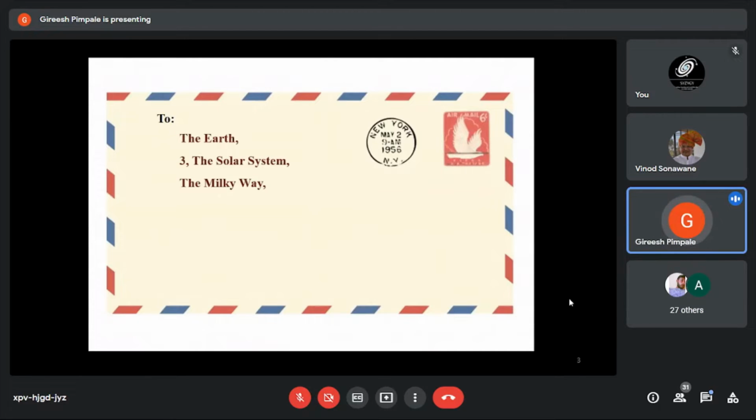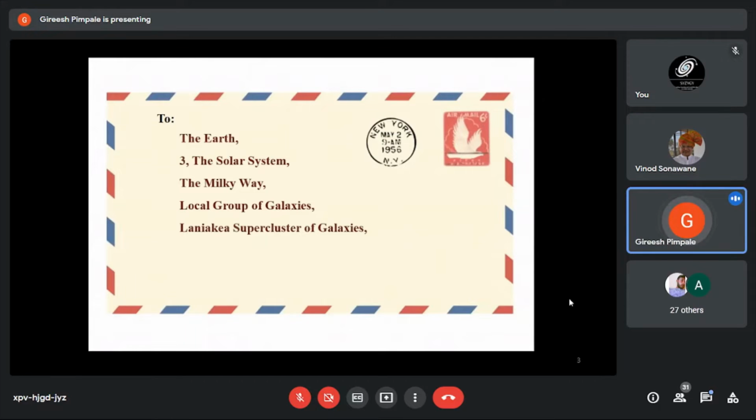Mind you, billion means 10 raised to 9, so 9 zeros after 1. Any galaxy contains billions of objects which are bound to each other due to the force of gravity. The name of our galaxy is Milky Way. So our solar system is part of the Milky Way. Milky Way is part of the local group of galaxies.